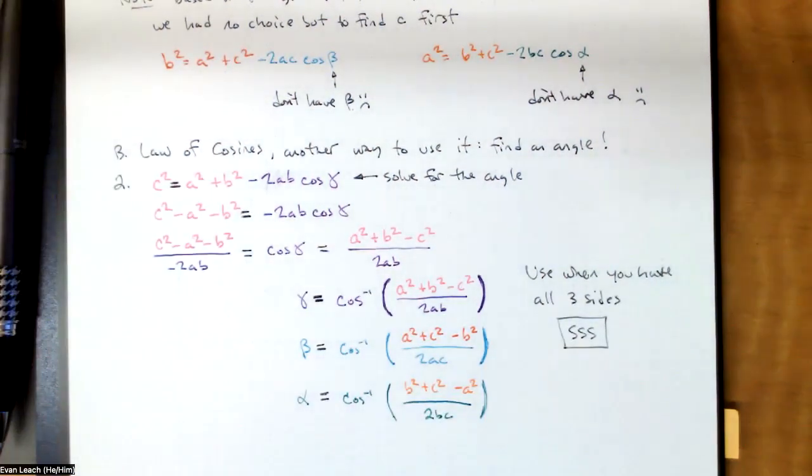We call this the SSS case, because we have a side, a side, and a side. The flexibility is that once you have all three sides, you can use this to find any of the angles.